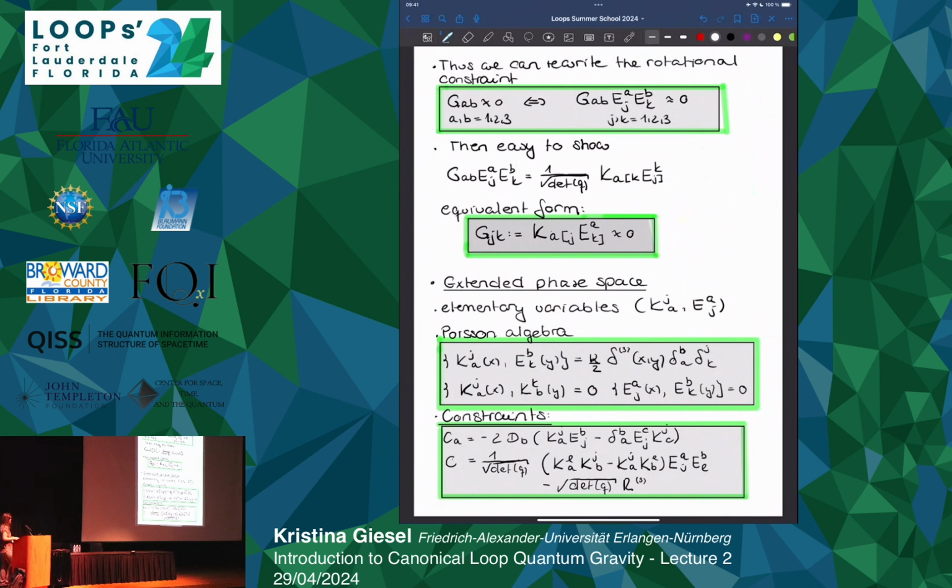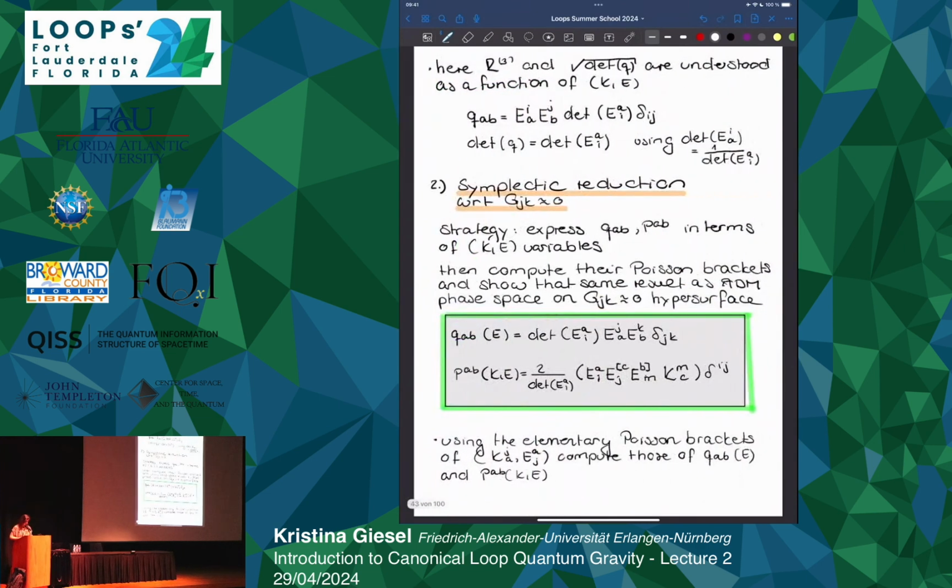Now the constraints, which were already there next to the rotational constraints, are the Hamiltonian and diffeomorphism constraint. And the only thing we need to do now is to express those in terms of our new set of variables, which is shown below here. And similar to the other set of variables, you can see that the Hamiltonian constraint is the more complicated constraint also in these new variables.